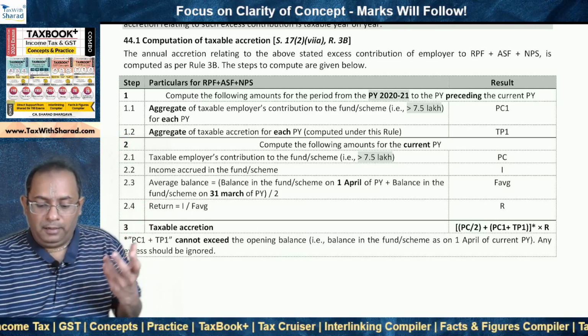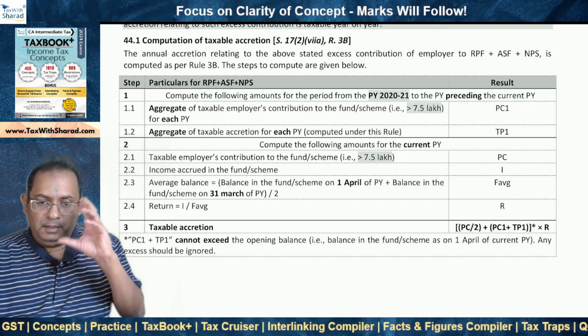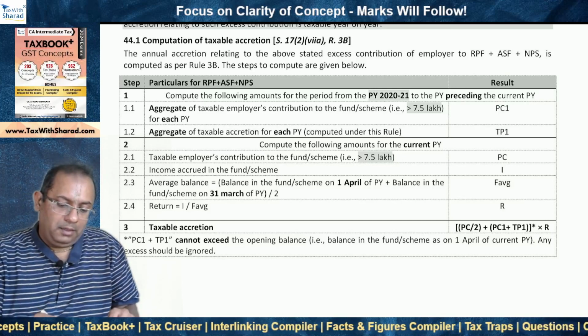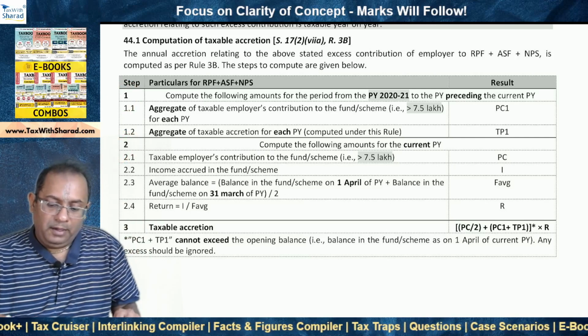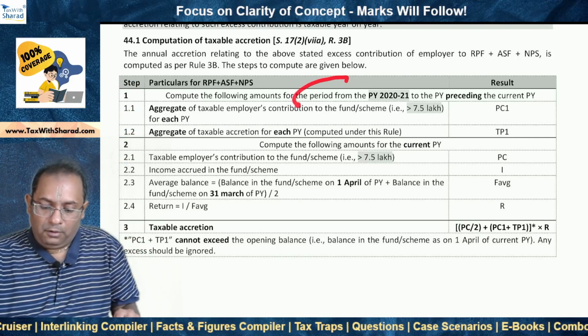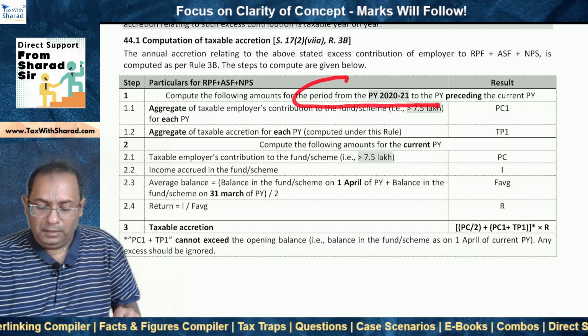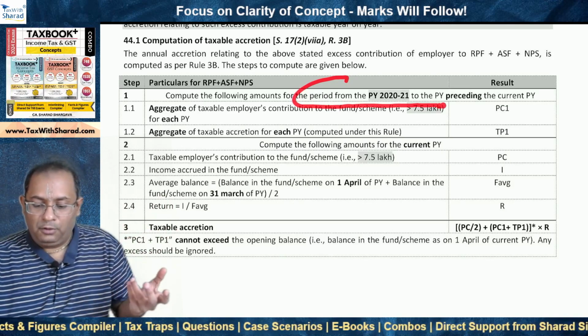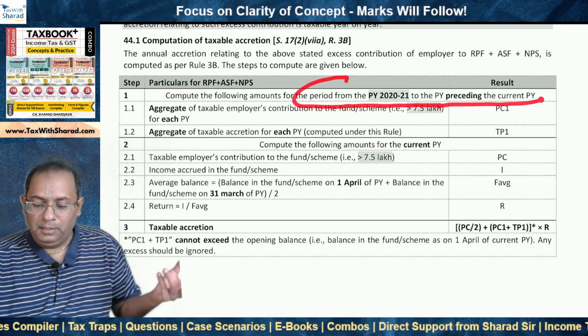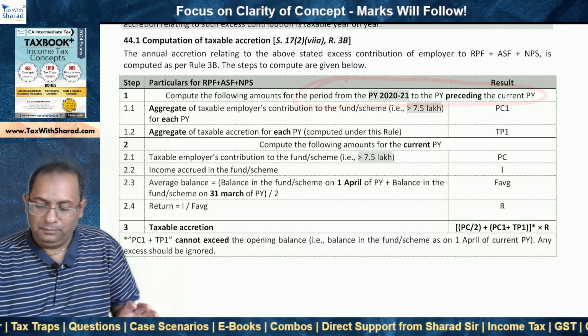So the whole period in terms of contribution we segregate into 2 parts. One part falls under step 1, the other part falls under step 2. In step 1 we consider the period from previous year 2021, this is the previous year from which this particular provision became applicable. So period from previous year 2021 to the previous year preceding the current previous year.